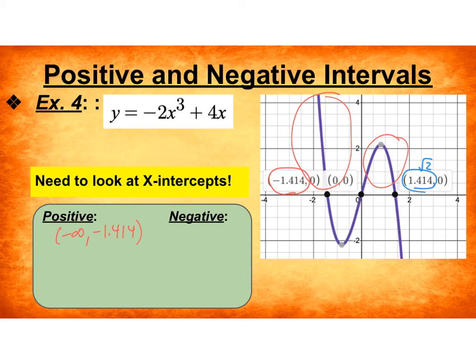And then between 0 and positive 1.41. The negative is going to be down here and here. So I'm going to say from -1.41 to 0, and then from positive 1.41 to positive infinity.